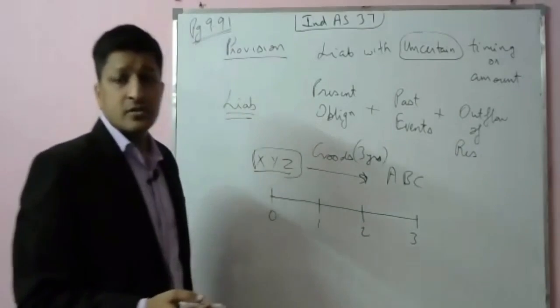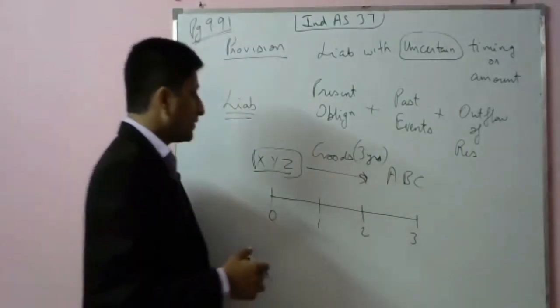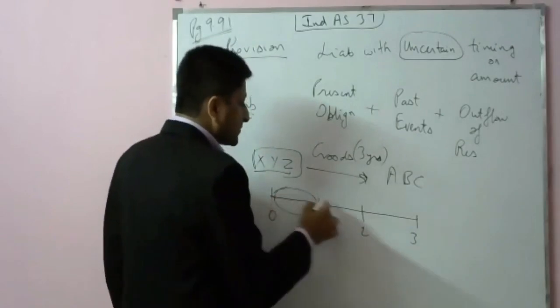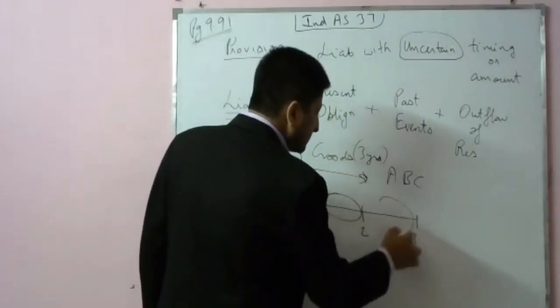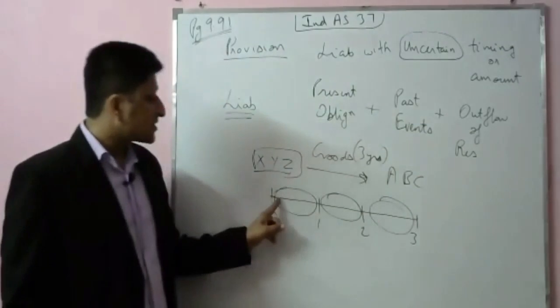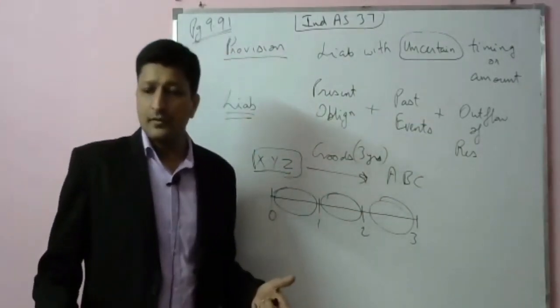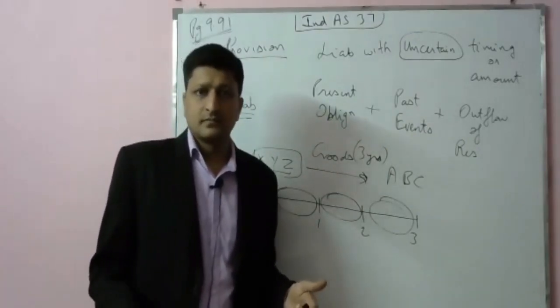Let's suppose one product is sold. Now, at what point of time may that become defective? Maybe on this date, this date. It's not known to XYZ at all, isn't it?